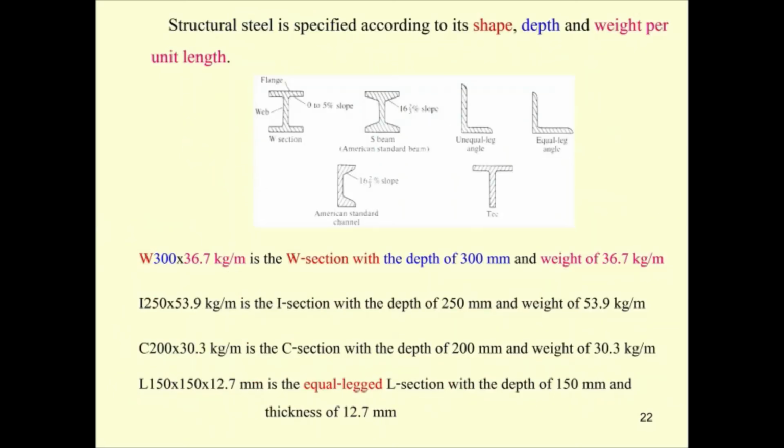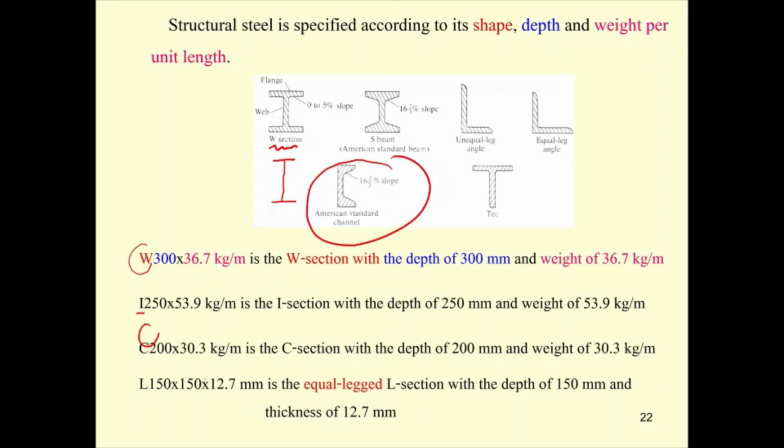And you have to call them by their section. W is wide flange. It's going to have this kind of section. And for the I, this S is the American standard, but actually we can have the I section something like this. This is the I section. C is going to be this section.